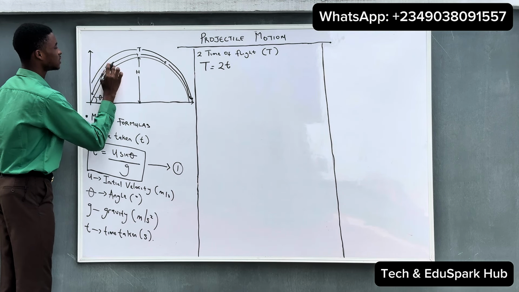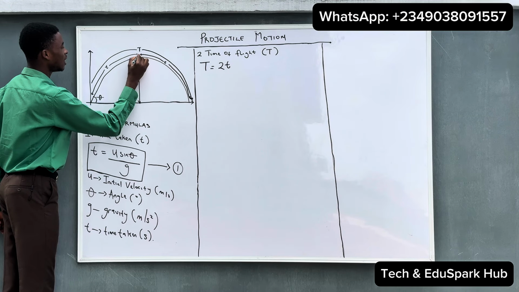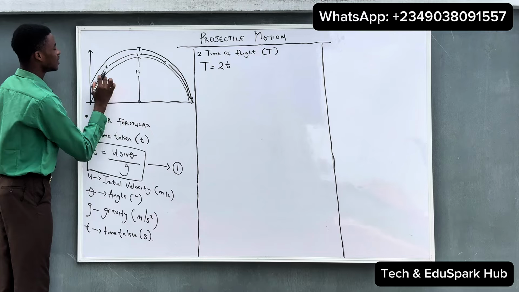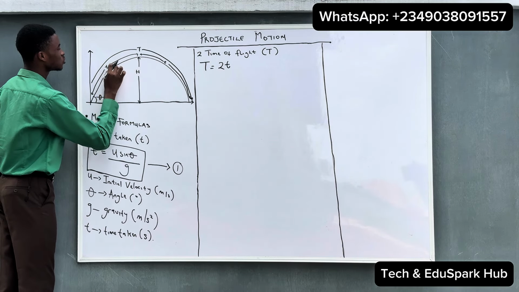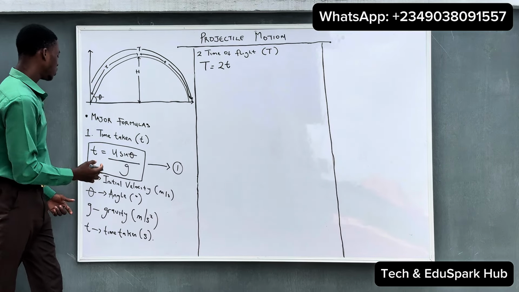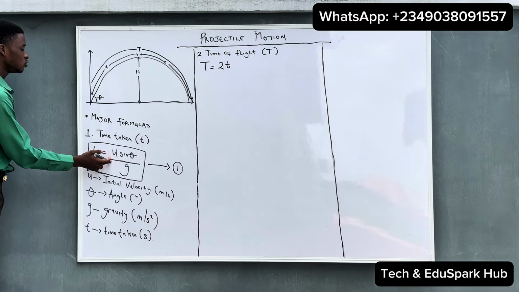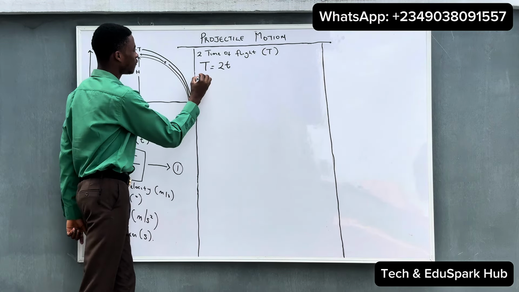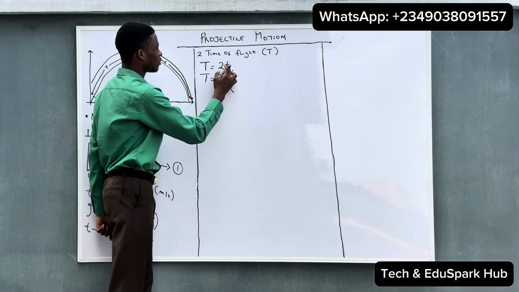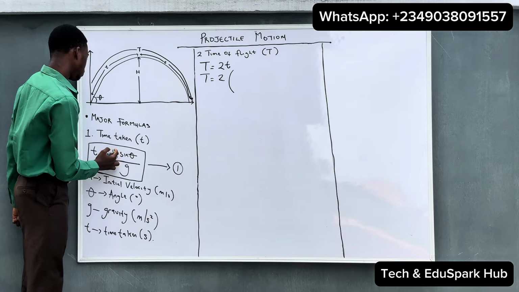So we have the first t and the second t, because these two t's are the same time that it takes the body to reach the maximum height. So the formula for time of flight is equal to 2t. And we know that our t is equal to u sin theta over g. So our time of flight, which is the big T, will be equal to 2 open brackets. What is our small t? Our small t is u sin theta over g.